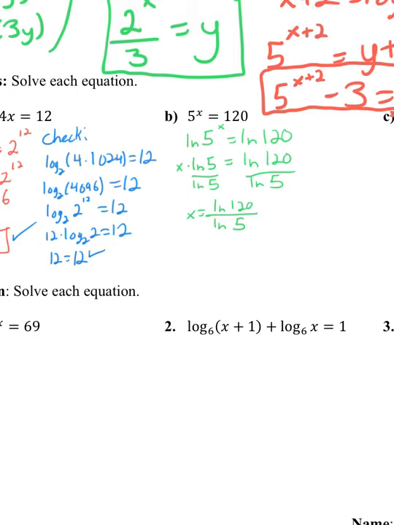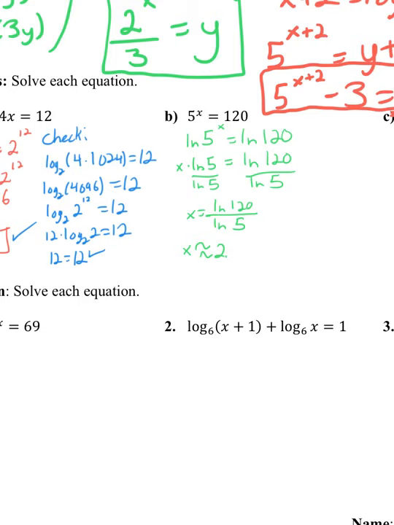I can put that in my calculator now. And x equals approximately 2.975 something, so we'll just say 2.98. And again, if I were to put that into my calculator to double check, I'm just going to get the answer real quick. Natural log of 120 divided by natural log of 5. 2.9743 or 46.